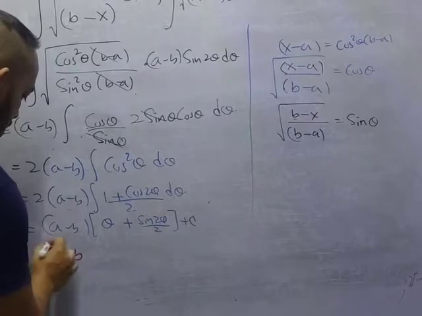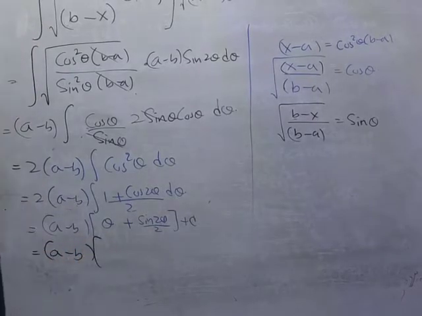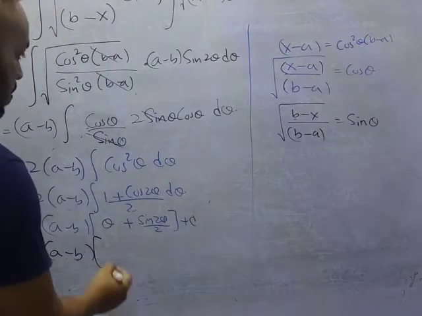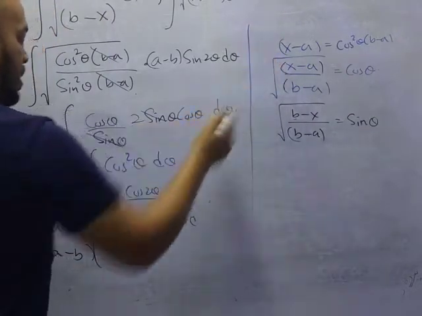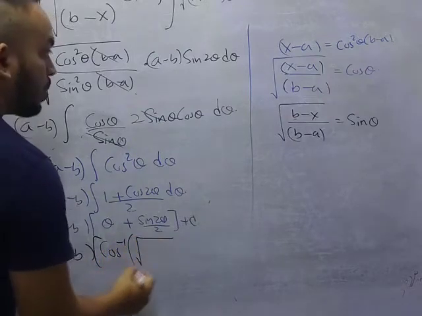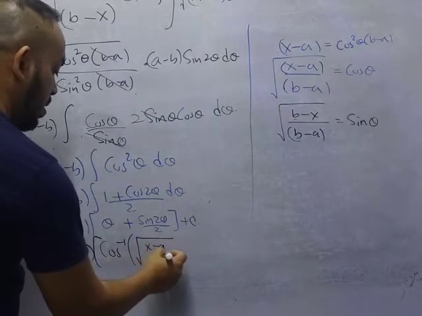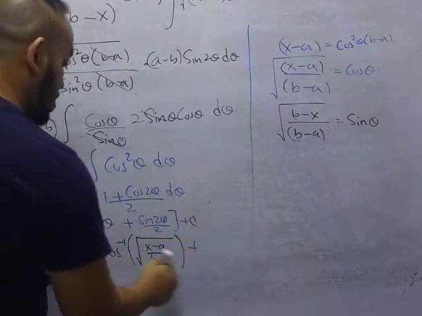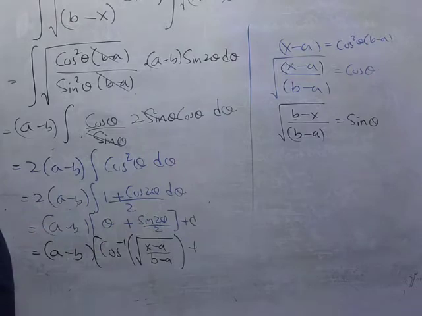a minus b. Theta can be replaced by one of these, cos inverse. So let me take this one. So cos inverse theta must be equal to cos inverse of the square root of x minus a divided by b minus a. Then plus sin 2 theta divided by 2.